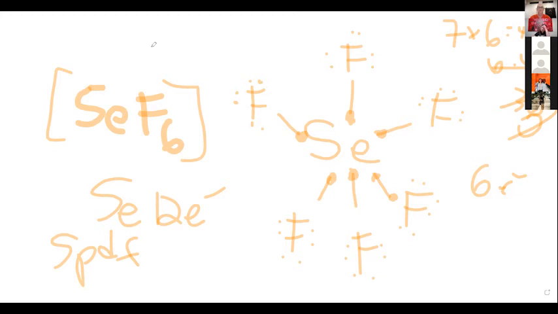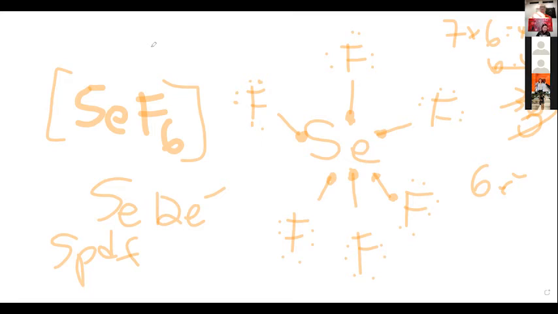Anything that's in the 3rd and 4th row, because they have more orbitals, it's okay for them to have an abundance of total electrons. We still have to pay attention to the valence electrons to see if there's a charge.